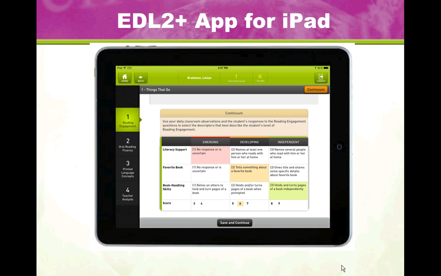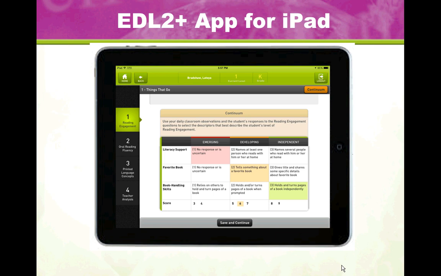And then I also wanted to share with you that we have an app for the iPad, and this is a resource for the teachers. It has all of the teacher resources contained within the iPad. It takes you through the steps of the assessment. This allows you to capture all of your students' responses, record their oral reading on demand, and be able to play that back.